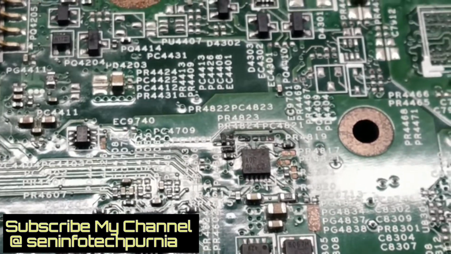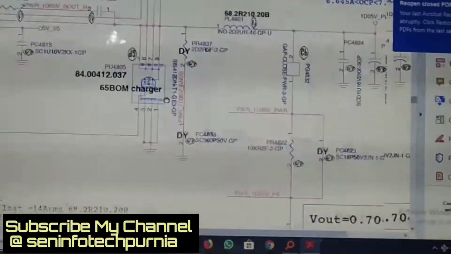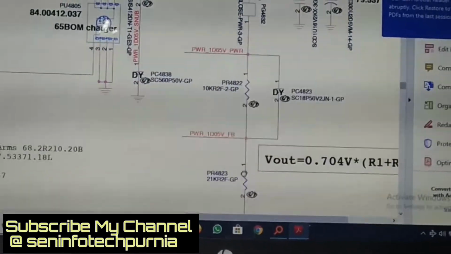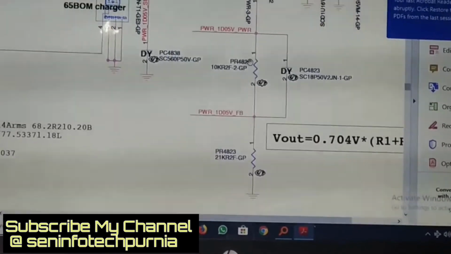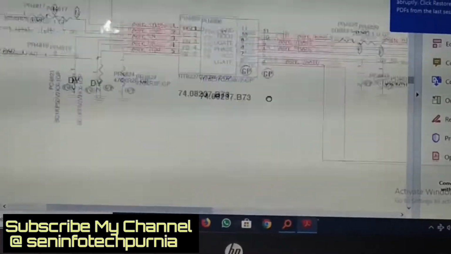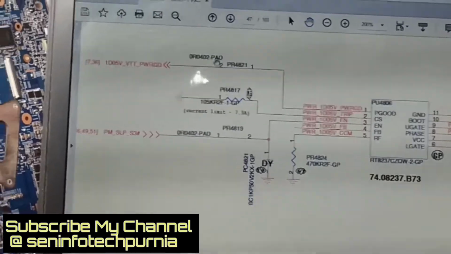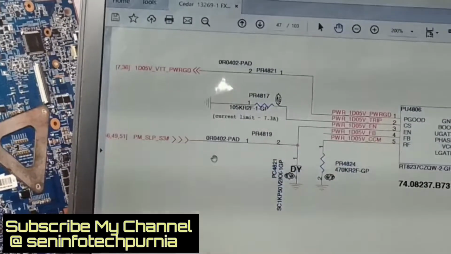PR4822, 4823 and 4824. Now in the schematic, 22, 23 and 24, let us see which is the place. This is 4823, 23, 22 and 24. Where is 24?